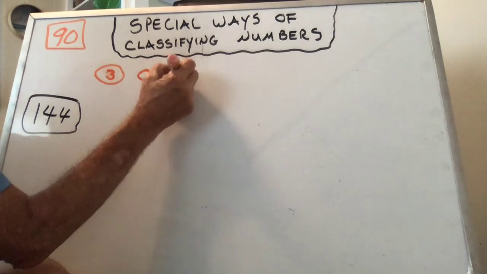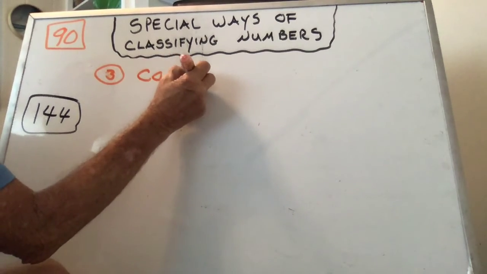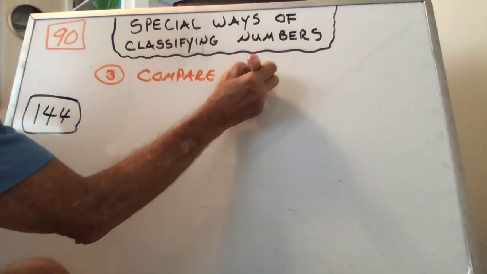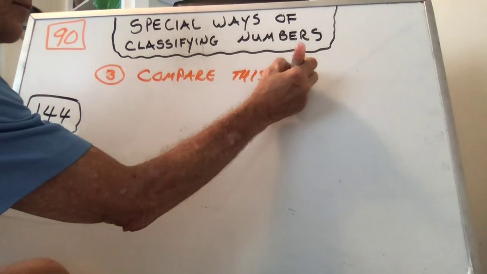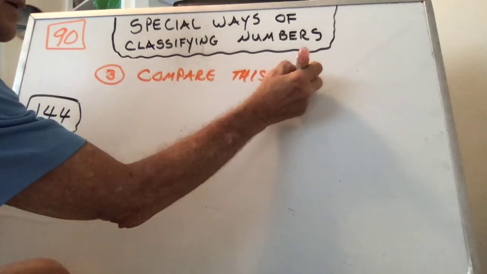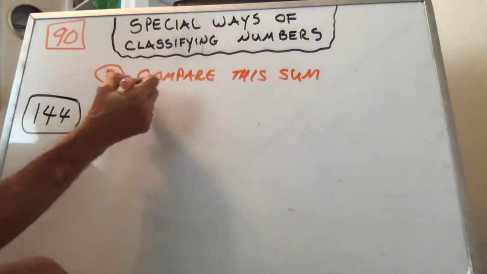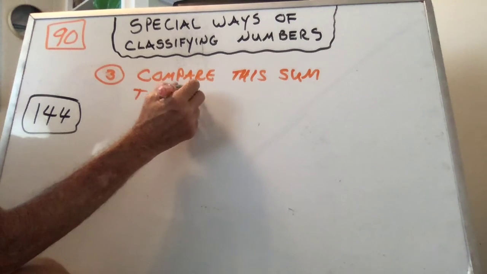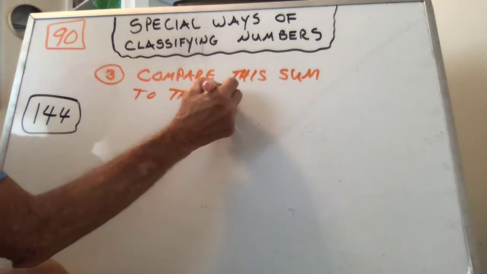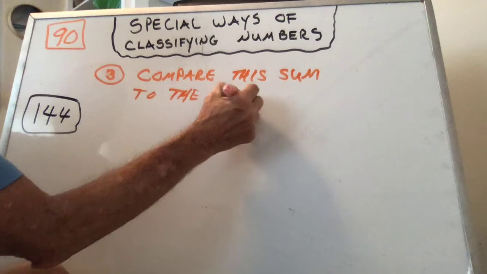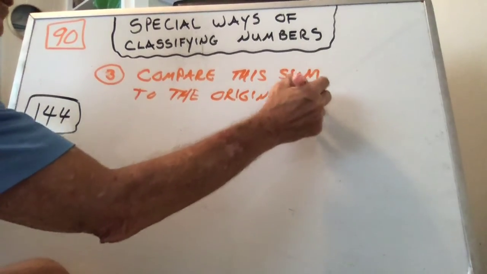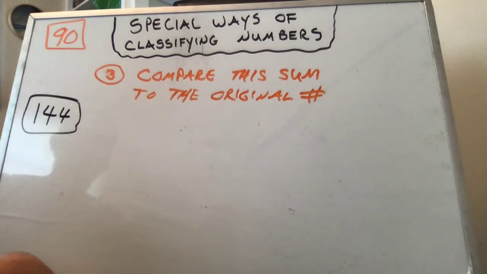Compare this sum. If you forgot, sum means the answer to an addition problem, to the original number. So there's 3 classifications that can happen.